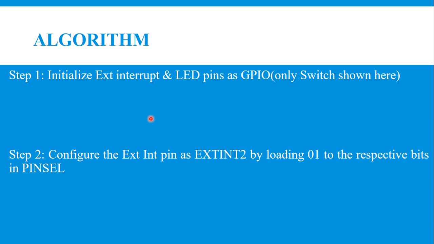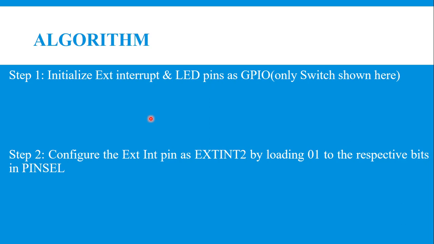That is anyhow an optional step, because the primary function that the external interrupt pin should perform is external interrupt itself, so there's no need to make it GPIO. Anyhow, in the program flow, you can check the status of all the pins by making them GPIO. Later you can move to the particular function you need.